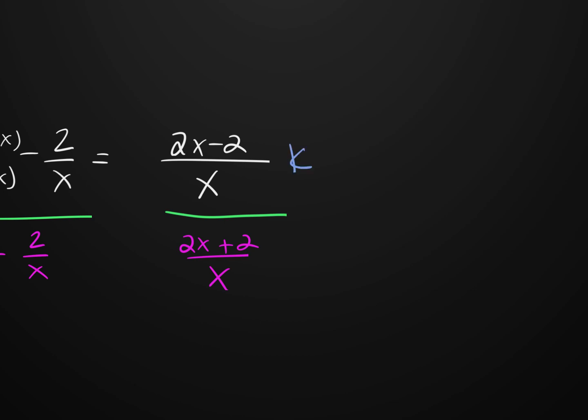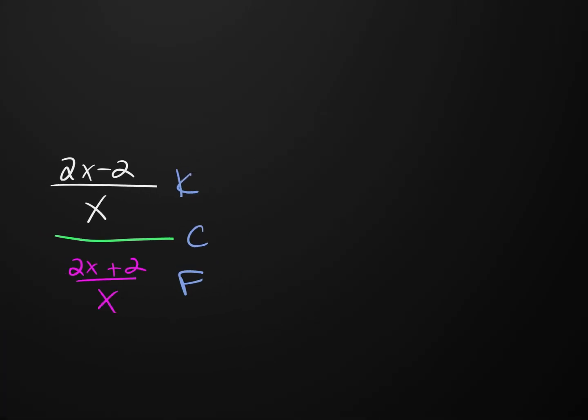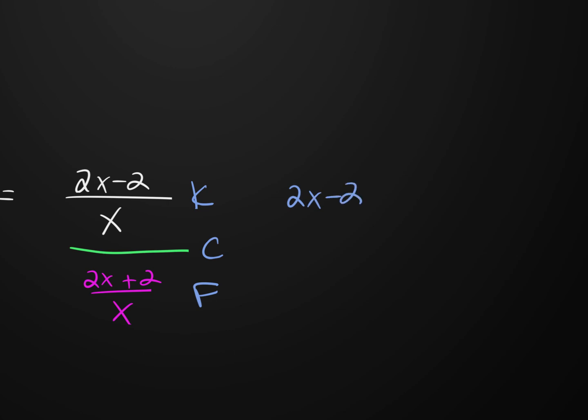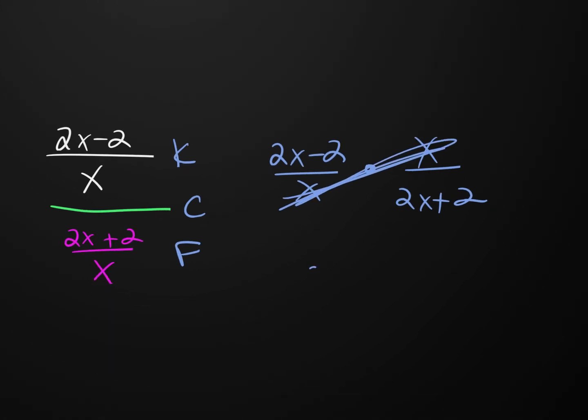So we're going to keep, change, flip. 2x minus 2 over x. What do I change division to? Multiplication, and then I flip. This becomes x over 2x plus 2, yeah? All right, what can I cancel? My x's. Now, guys, if we leave our answer as 2x minus 2 over 2x plus 2, have I completely simplified this problem?